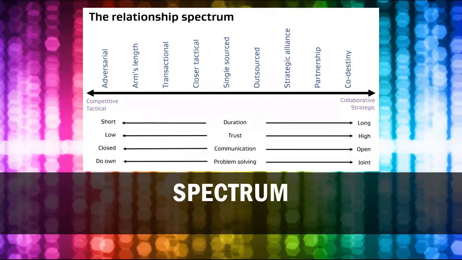The problem here is that it has a lot of relationship types. When I say spectrum, it means that we have a lot of options and a lot of flexibility to select from.